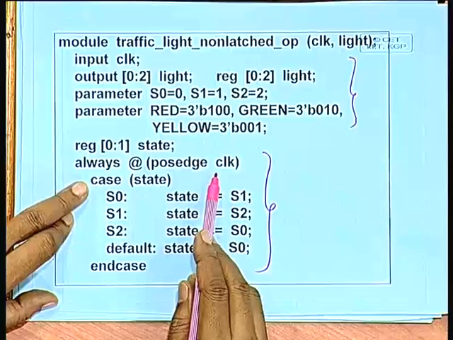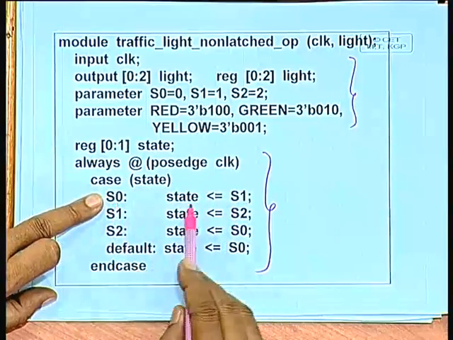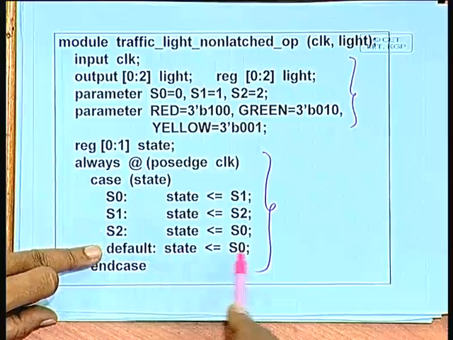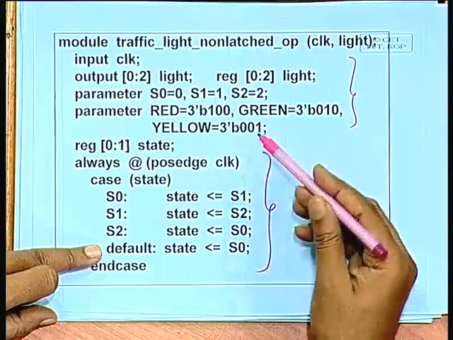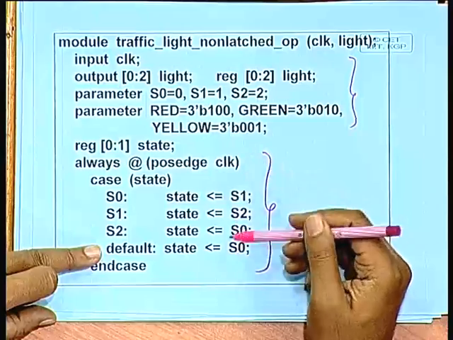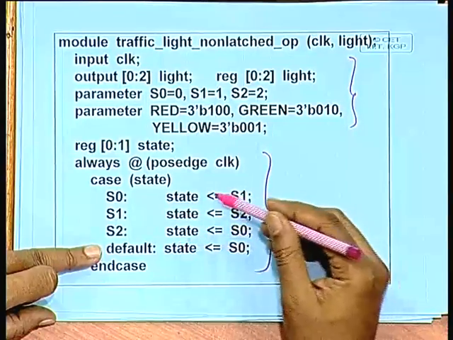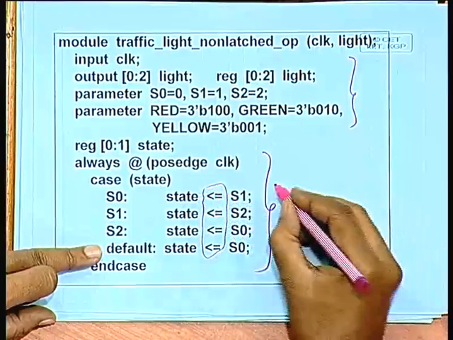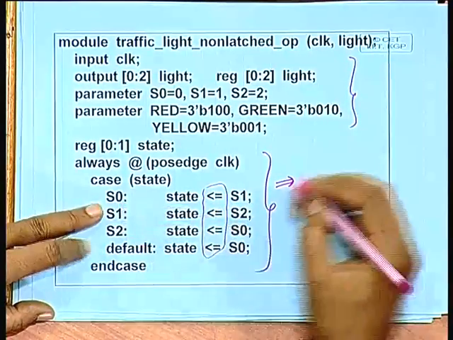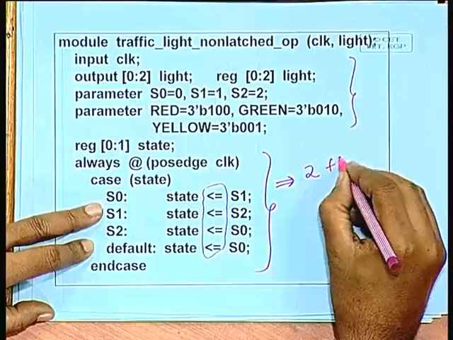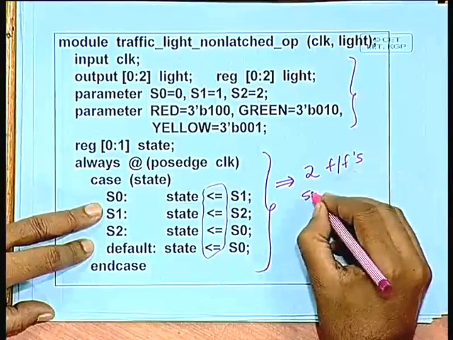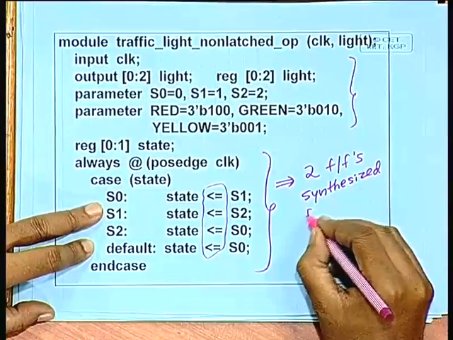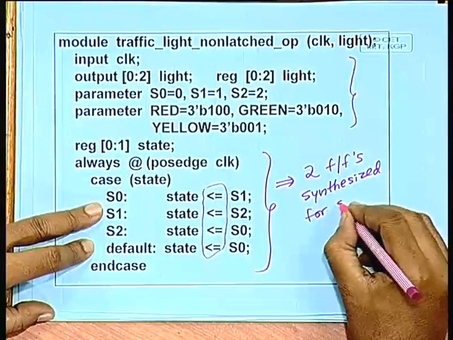If there is a positive edge of the clock, if the state is S0 then go to S1, if it is S1 go to S2, S2 then go to S0, default go to S0. So, here we are only modeling the state change behavior, and since this is non-blocking assignment, this will imply that there will be two flip flops synthesized for storing the state.